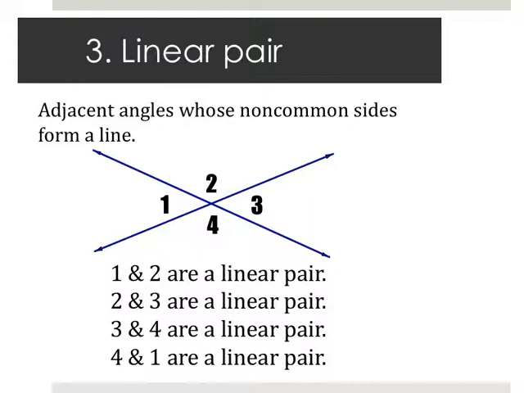Alright, linear pair. Two angles next to each other, and their non-common sides form a line. David, what's a relationship between angle 1 and 2 as an example?